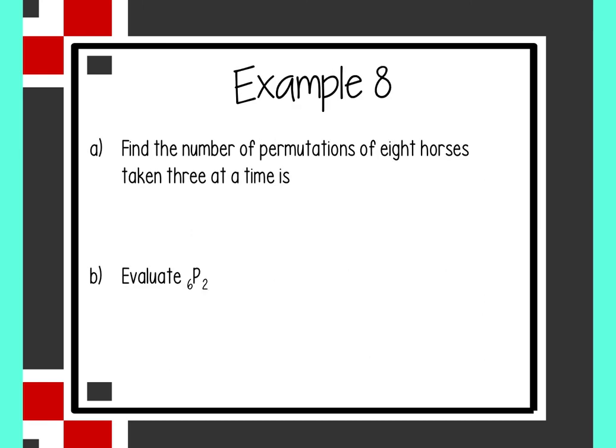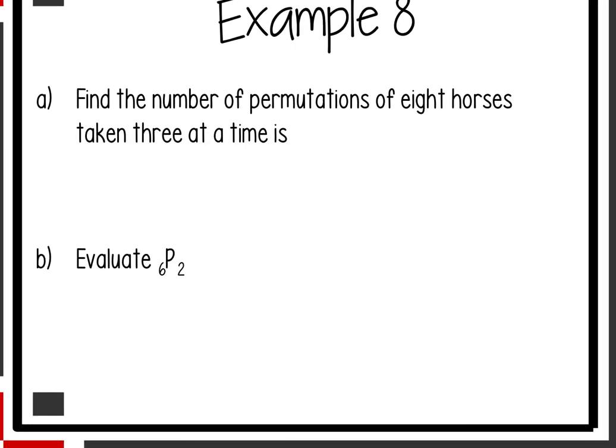All right, so this says find the number of permutations of 8 horses taken 3 at a time. So this is your P and R. The N is what? 8 horses. The R is 3 at a time.